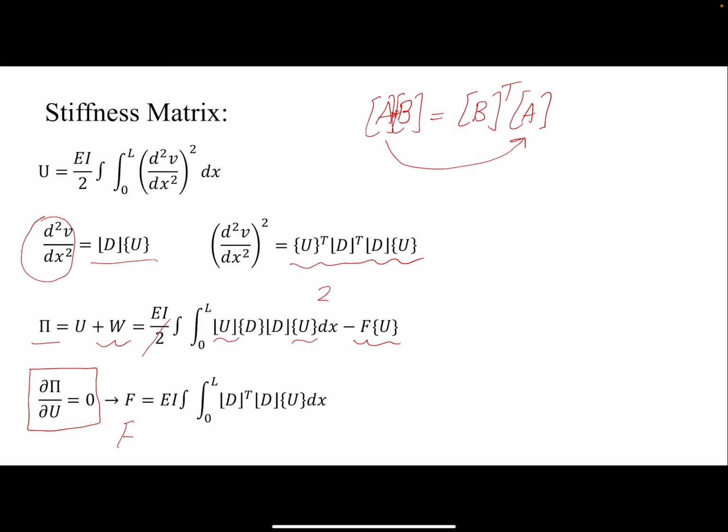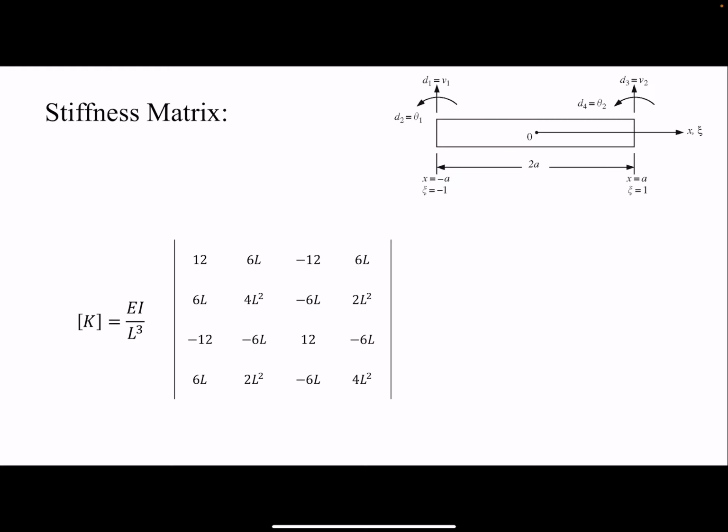If I compare it with F equals k u, you can see this value would be my k, or my stiffness matrix, which is a function of the mechanical properties, elastic modulus, cross-sectional properties, so second moment of area, and the D matrix, which is the second derivative of my deflection based on nodal shape functions. If I replace the values, that's the matrix that I'm going to get.